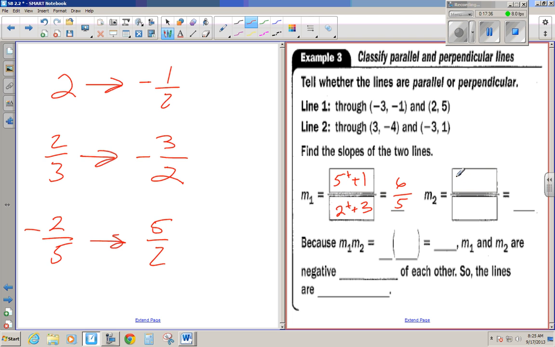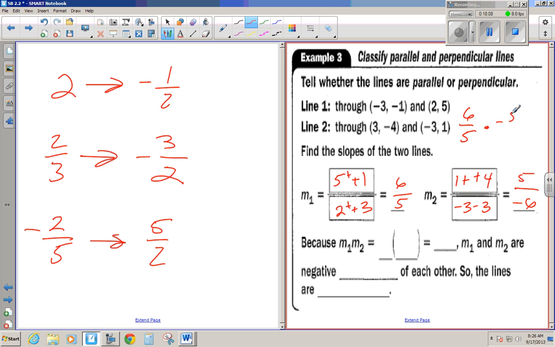The next one, 1 minus negative 4, over negative 3 minus 3. Minus a minus is plus, so this one ends up 5 over negative 6.